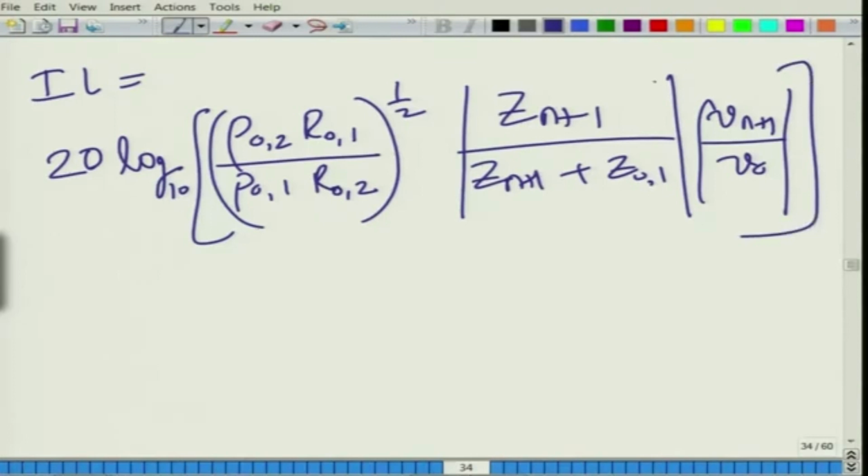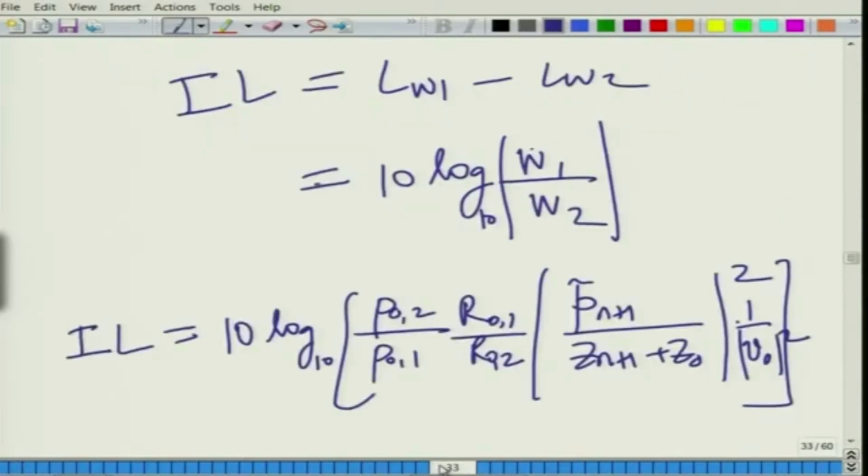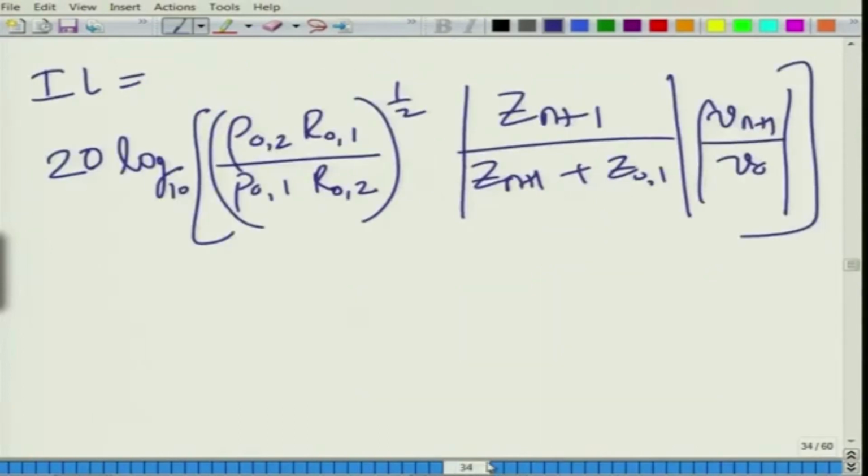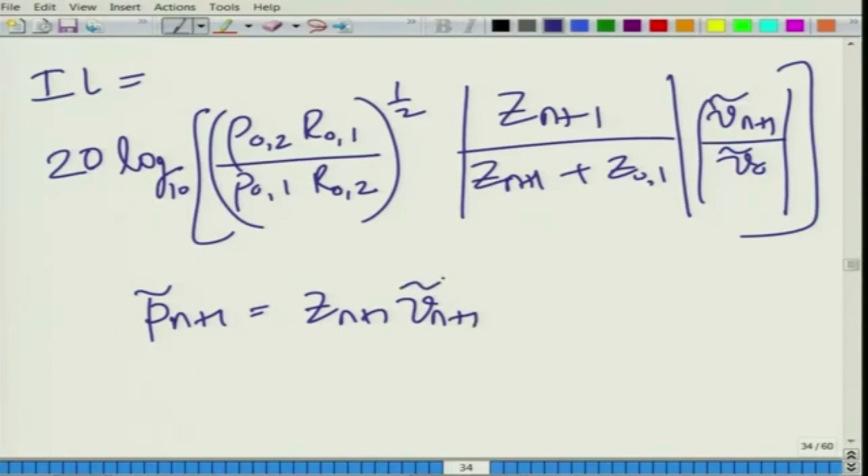If you recall, there was a square here, so we are taking the square there, but the important thing is that P n plus 1 has been replaced in this expression by Z n plus 1 times this thing. So, we replaced this using the velocity representation or the Norton's form. This was possible because we made use of Norton's representation.